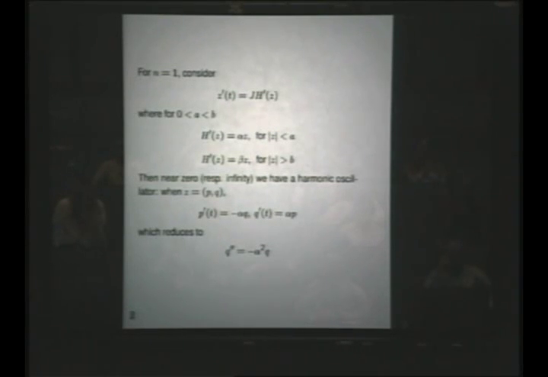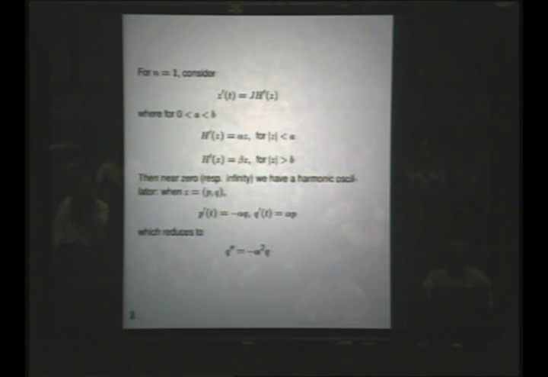So we take a very special case, n equal to 1. That means you have a pair of equations. Let's assume this H is very special, so that for Z small, it behaves just like a linear system, alpha times Z. Then for Z large, it also behaves like a linear system, beta times Z. In fact, they are both harmonic oscillators.